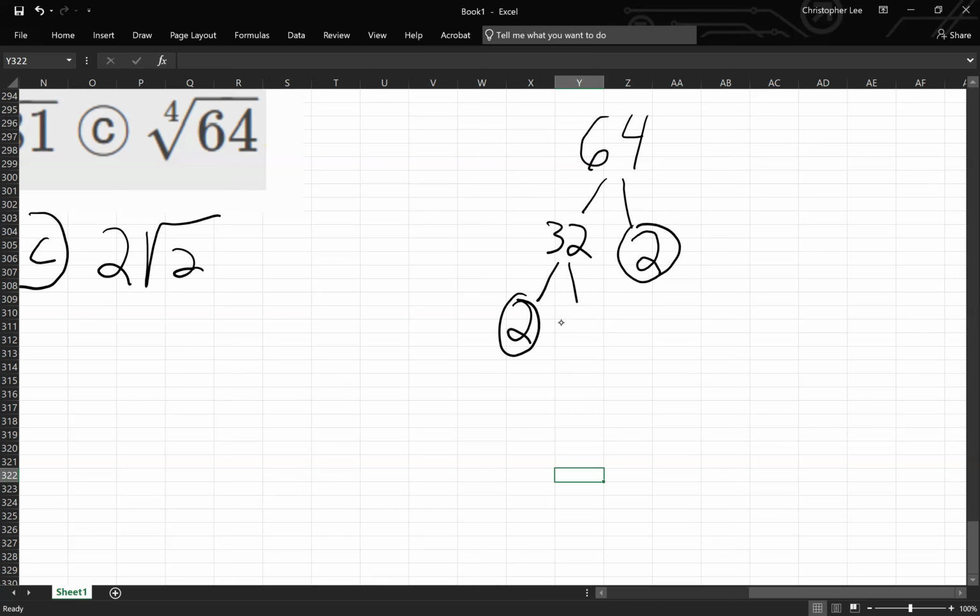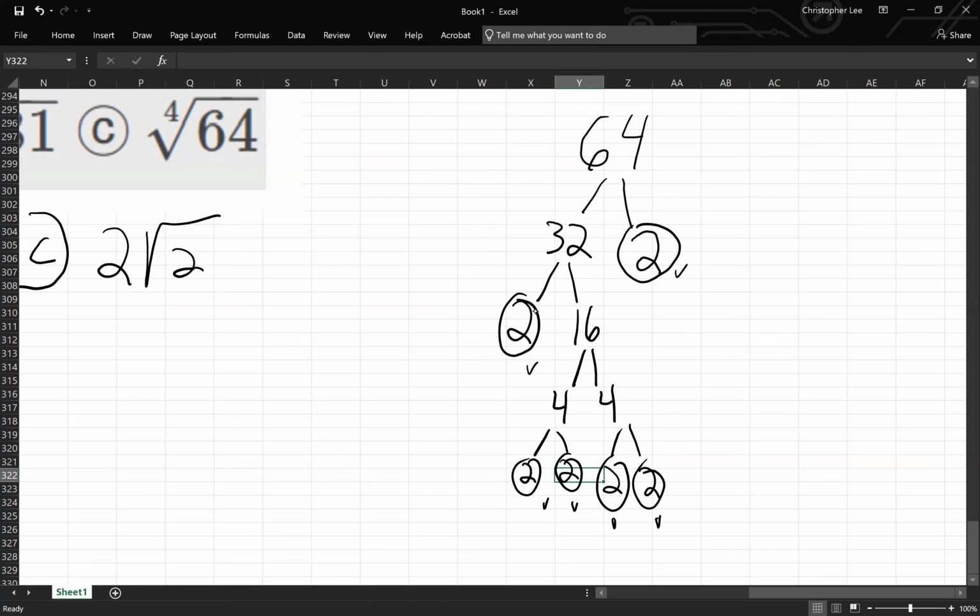Like 16. And then you already know from 16, that's just 4 times 4. And this is 2, this is 2, this is 2, and this is 2. So let's count how many twos I have. 1, 2, 3, 4, 5, and 6.